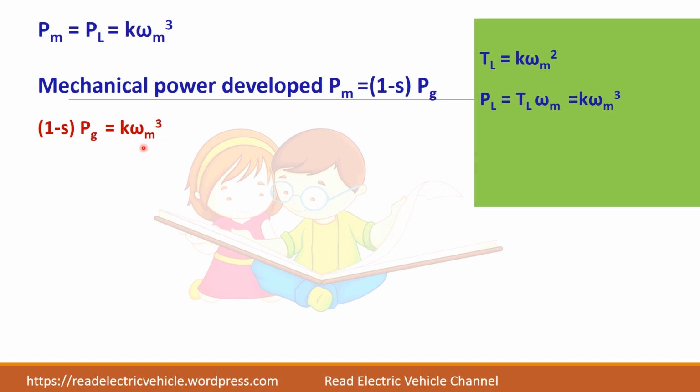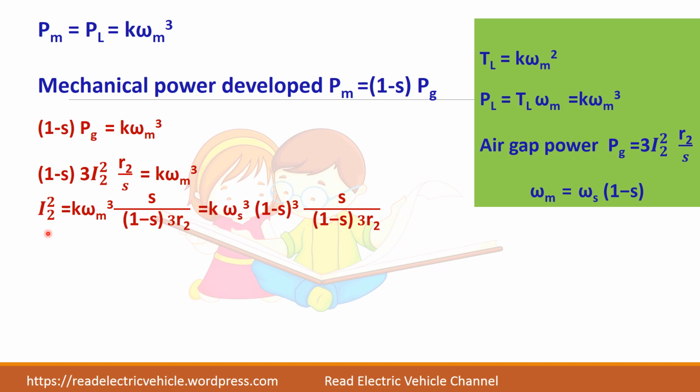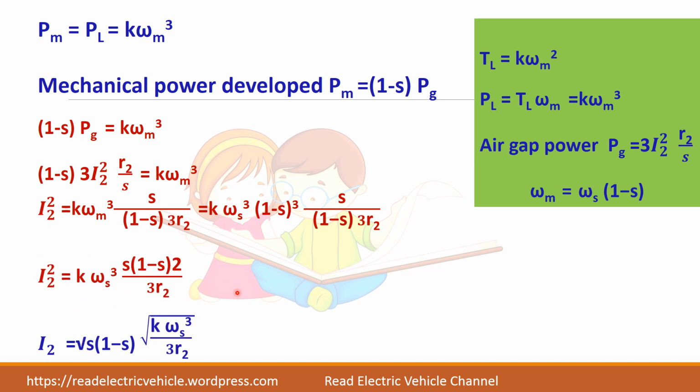So equate these two. You know what is Pg? Air gap power is equal to 3 I2 square into R2 by S. So substitute it, find what is I2. If you simplify this, you are getting the equation for I2.